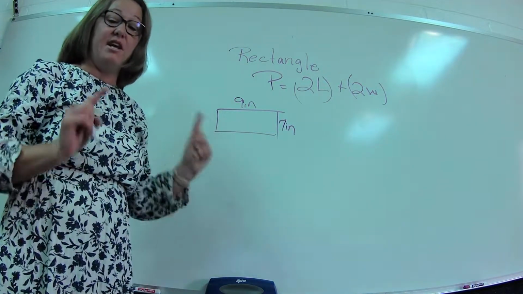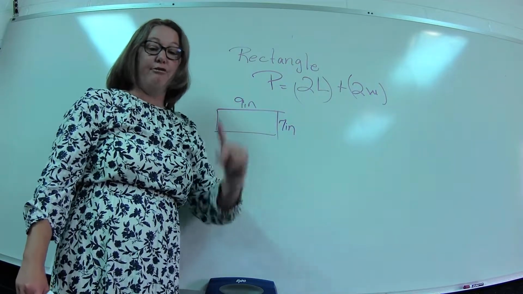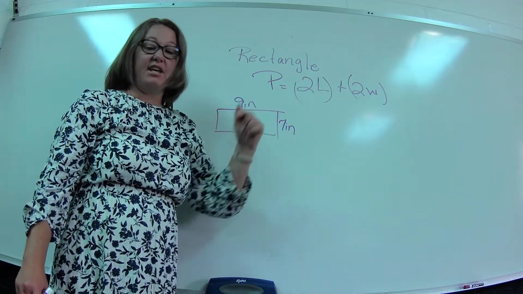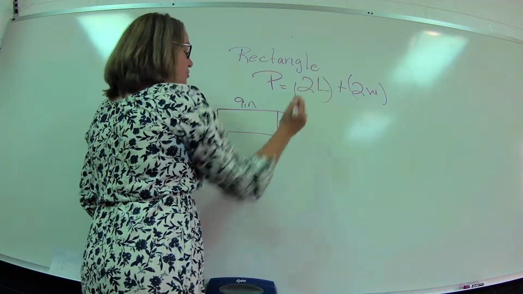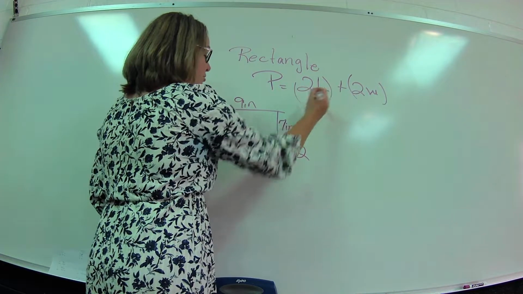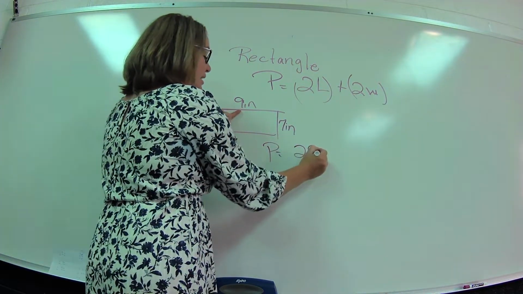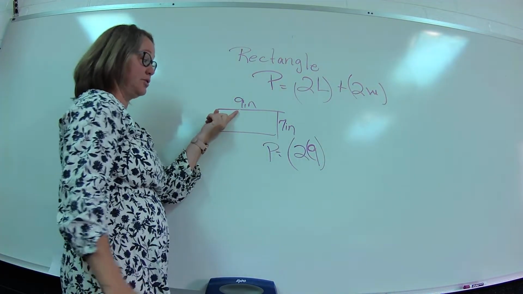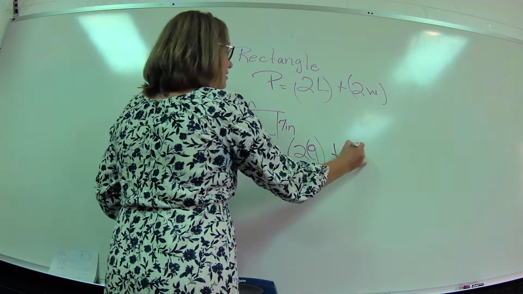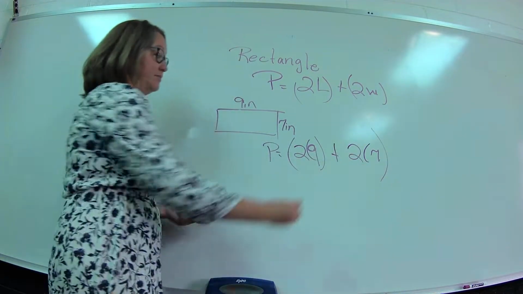My length is always long. L for length, L for long. All right, so let's plug in our values. P equals 2 times 9 plus 2 times 7.